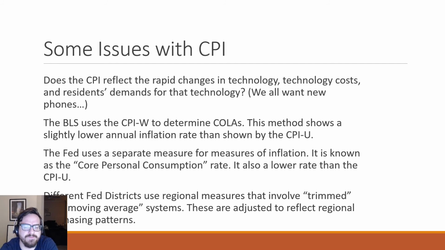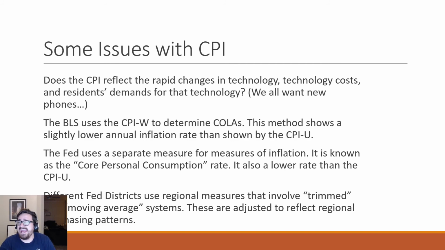Another problem, which is a problem you have to know for the AP exam, but it's also a problem for me personally, is that the Bureau of Labor Statistics uses the CPI-W to determine cost of living adjustments. And I mentioned that makes sense logically, because that's the inflation rate that people who earn a living experience. The problem is that's a lower inflation rate than the CPI-U shows.